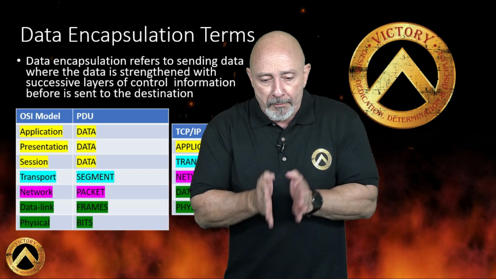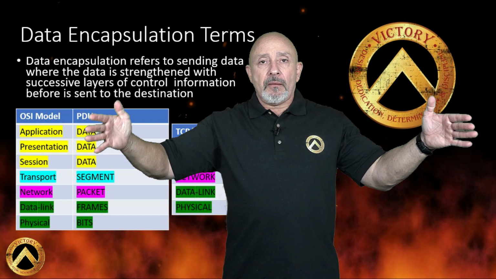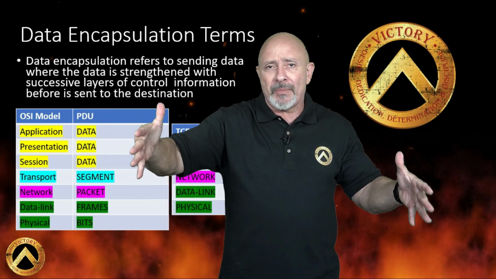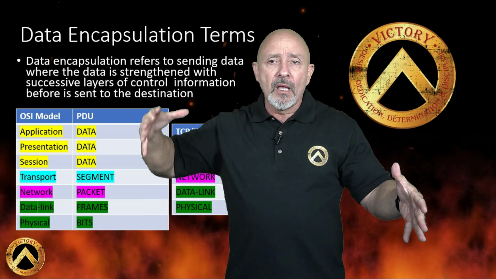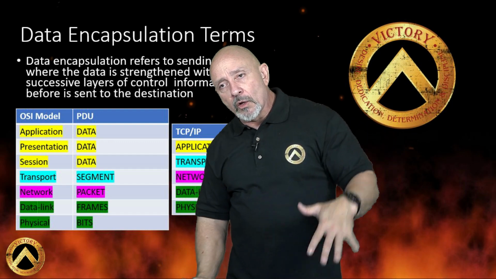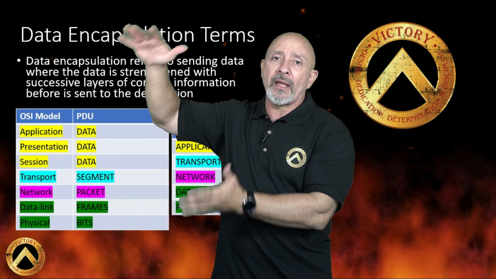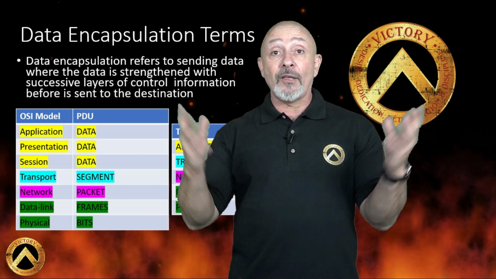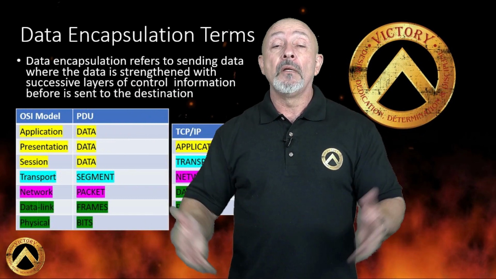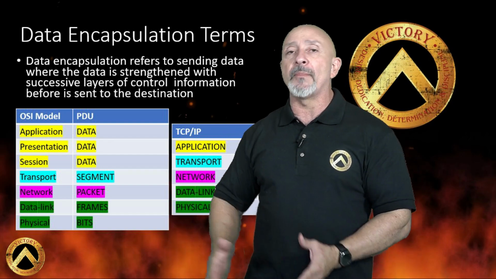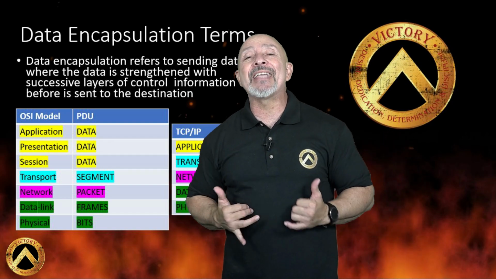We're building this big frame here with all these different types of information, port numbers, IP addresses, MAC addresses, the data, all these different things. Then it goes out the wire, then it has to put it back in place. It builds everything back together, and you get that beautiful email from the person that sent it to you. So that's what happens with data encapsulation.